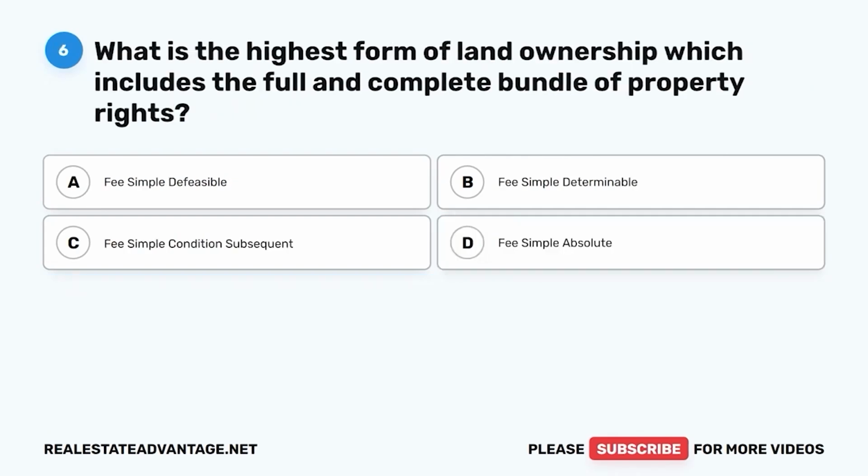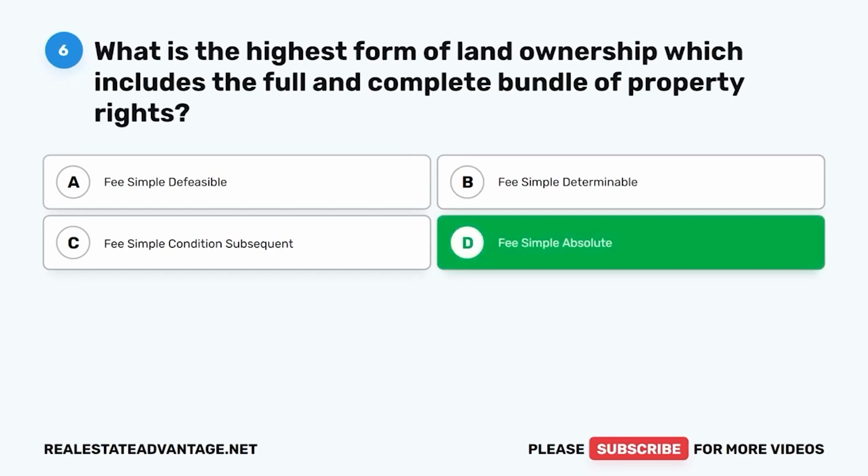Question 6. What is the highest form of land ownership which includes the full and complete bundle of property rights? A. Fee simple defeasible. B. Fee simple determinable. C. Fee simple condition subsequent. D. Fee simple absolute. The correct answer is D. Fee simple absolute.